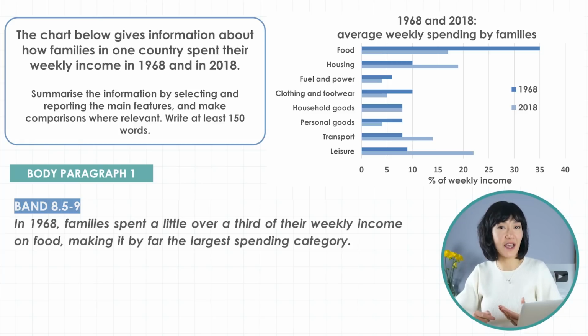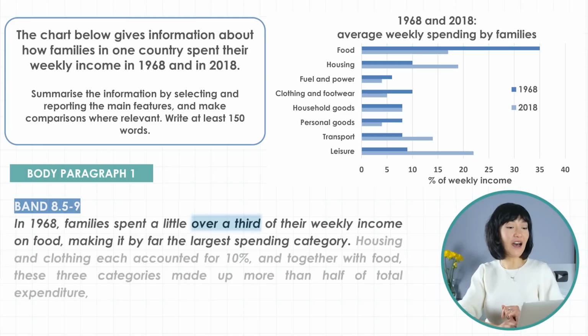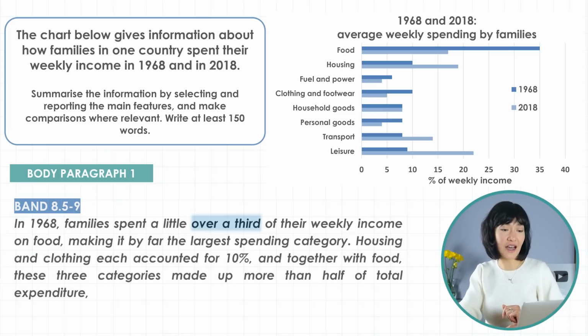We're interpreting them. 1/3 on food was the largest spending category. Housing and clothing each accounted for 10%, and together with food, these 3 categories made up more than half of total expenditure. I've shown the largest expenses.